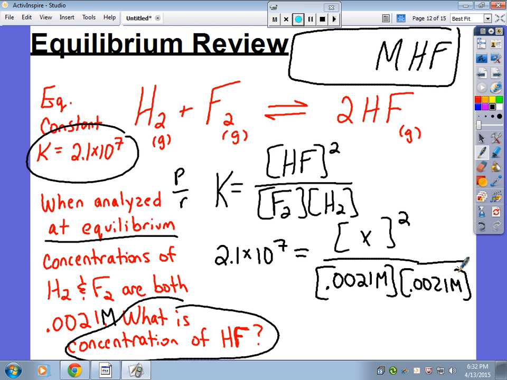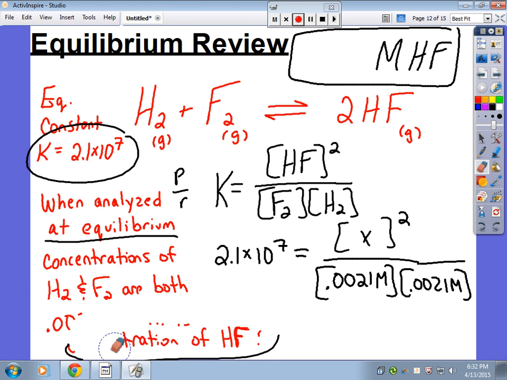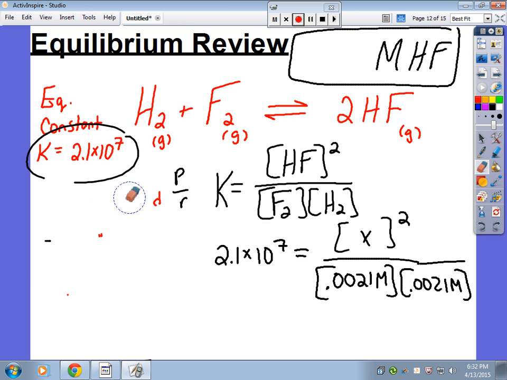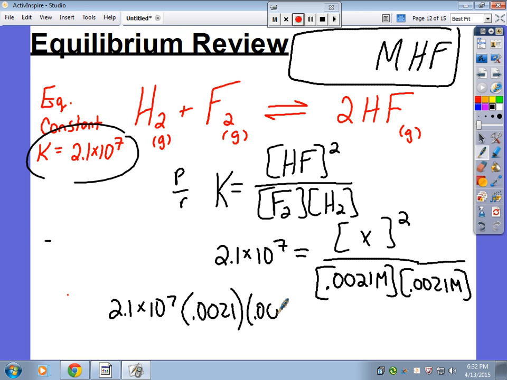Don't I take this 0.021 and 0.021, I need to multiply them together and get them out of the bottom down here, don't I? So I need to go ahead and get rid of this here. Okay. To solve this, I need to say that 2.1 times 10 to the 7th times 0.021 times 0.021 is equal to x squared.